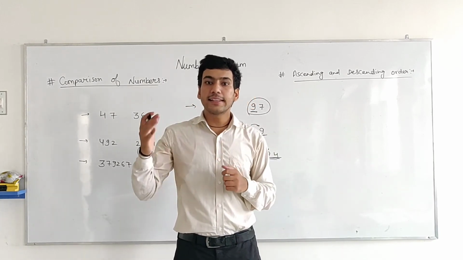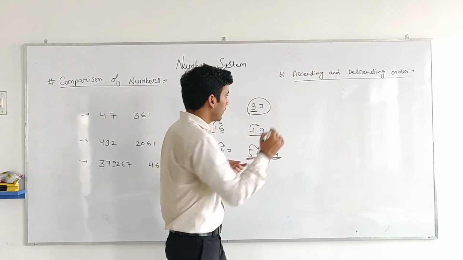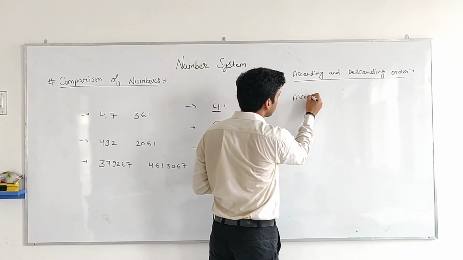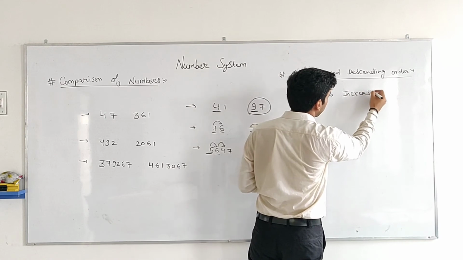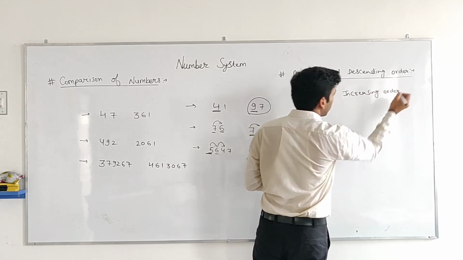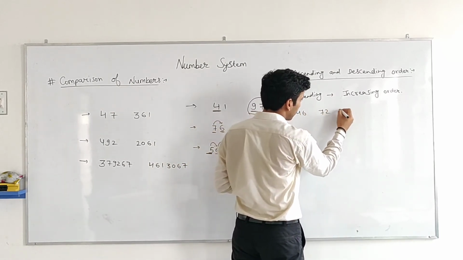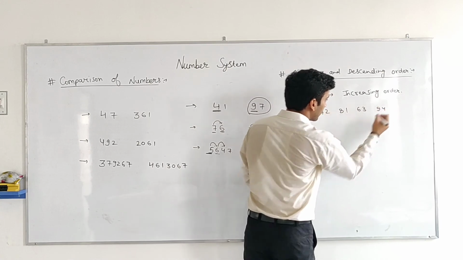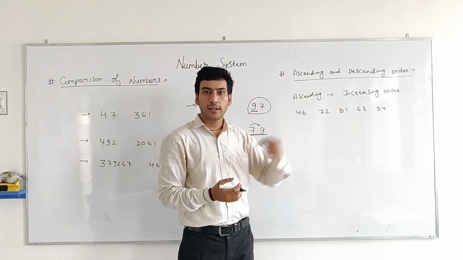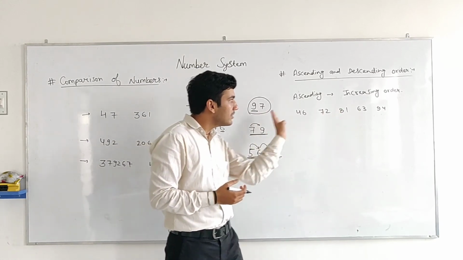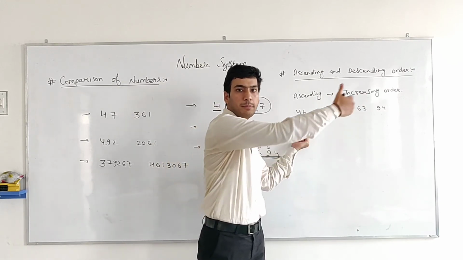Ascending means increasing order, or we can say starting from the smaller number to the bigger number. If I am writing a sequence, these are the 5 numbers, and if you want to arrange these numbers in ascending order, you can arrange them in increasing order, starting from the smaller number and then going to the bigger number.